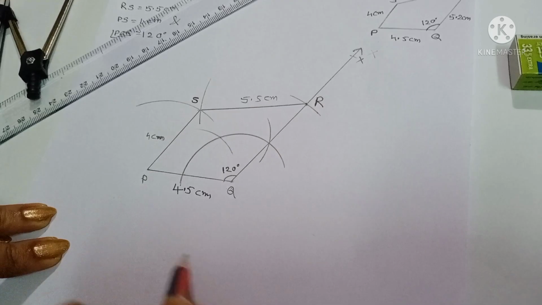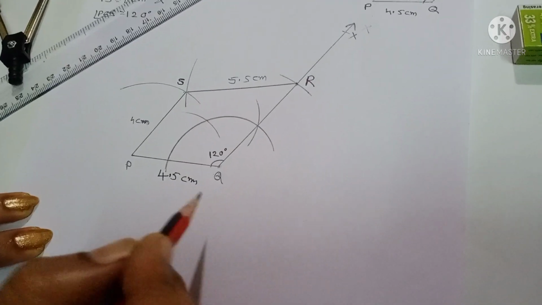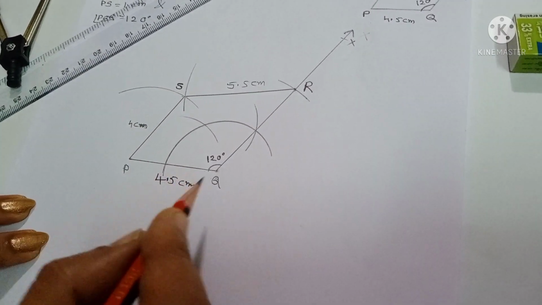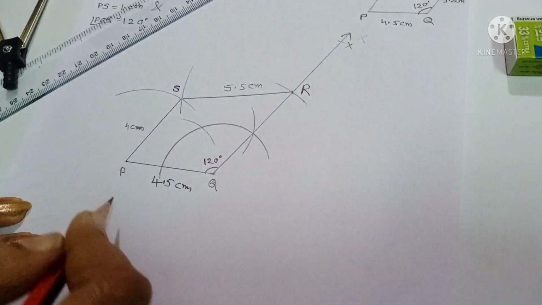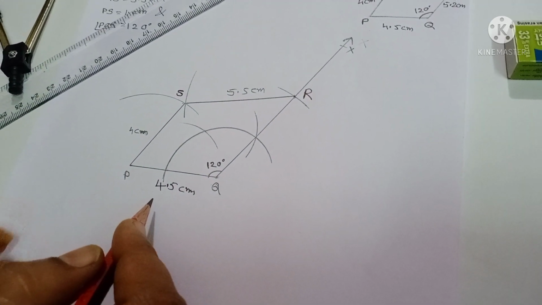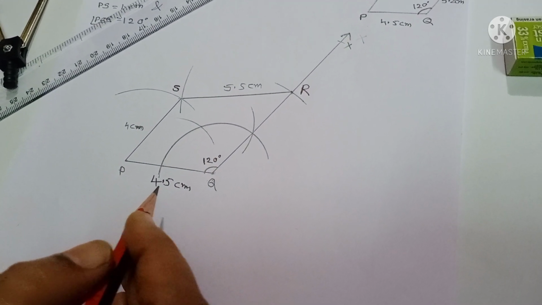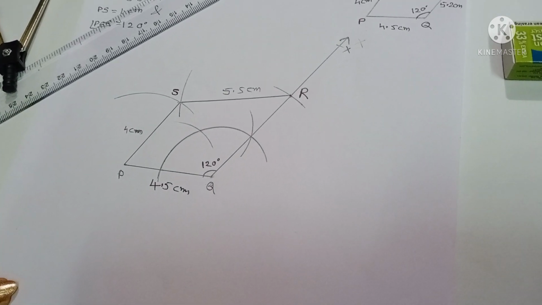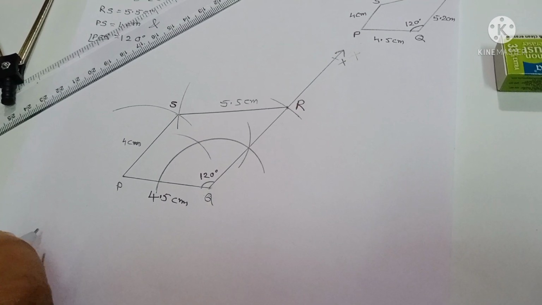We complete the required quadrilateral PQRS. Do you understand, children? Write down the steps one by one.